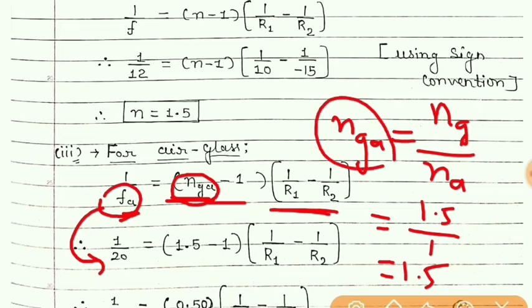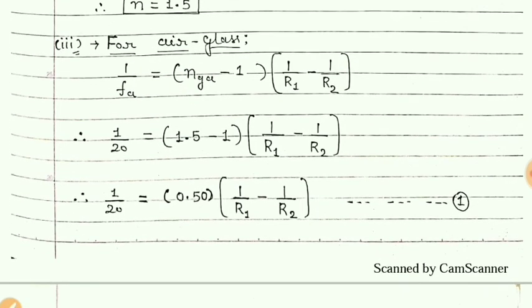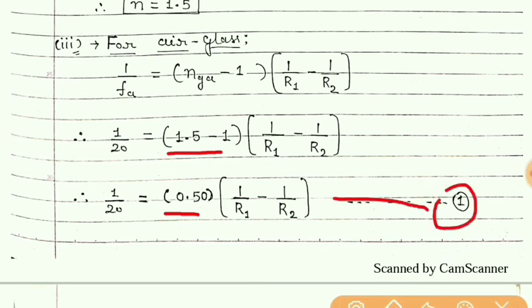So NGA is equal to 1.5 minus 1, and this as it is. Now 1.5 minus 1 is 0.50. Let us give this equation number 1.